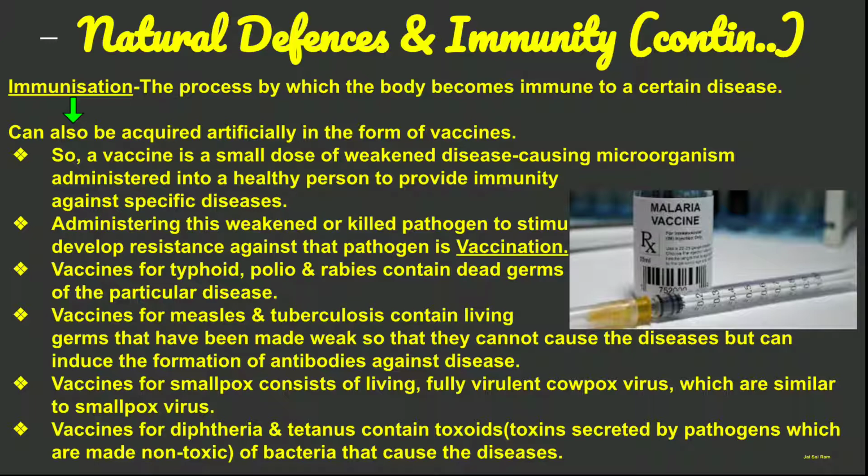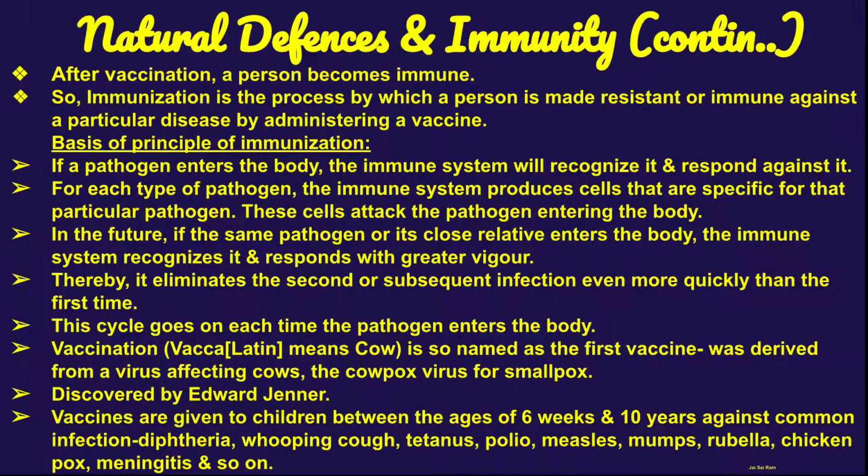These are toxoids of the bacteria that cause the diseases, given to a healthy person so that the person develops antibodies inside his body, which can protect him from the future disease. After vaccination, a person becomes immune.